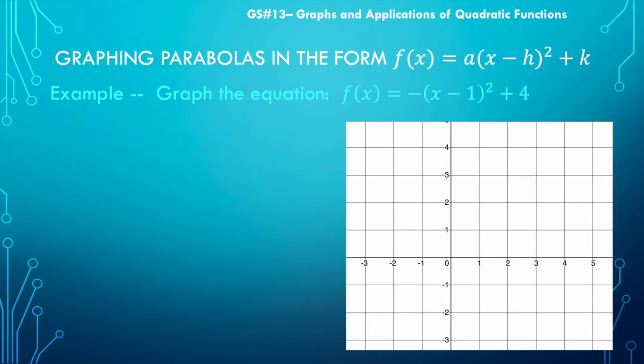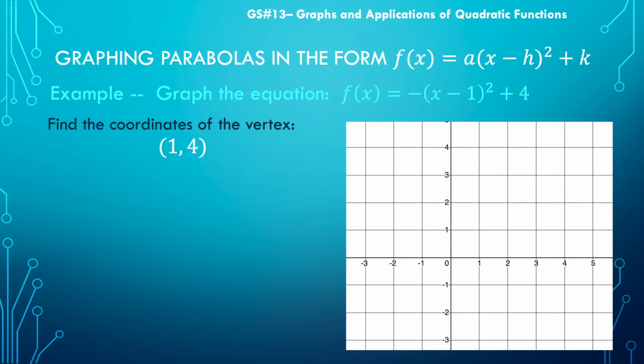Because the only thing that's really different here is instead of finding the vertex by using that -b/2a thing, we can just find the vertex by looking at the equation. And from what we just did, we can find the vertex by saying it's the opposite sign of what's in with x and what's on the outside of the squaring.